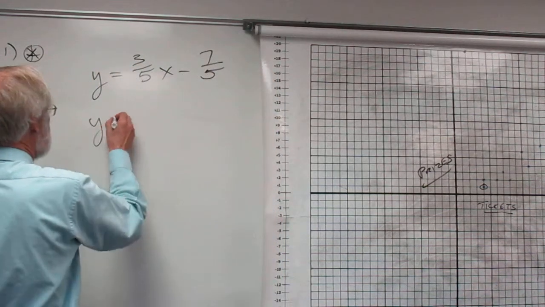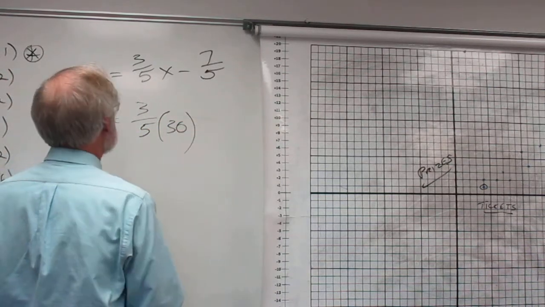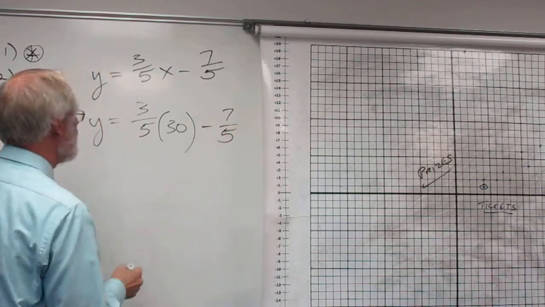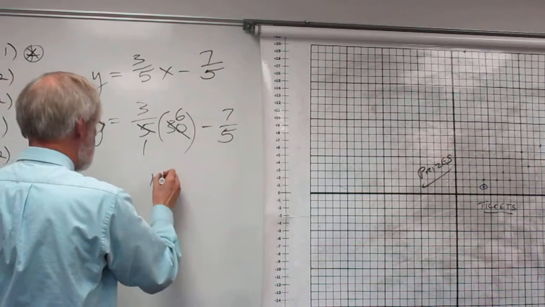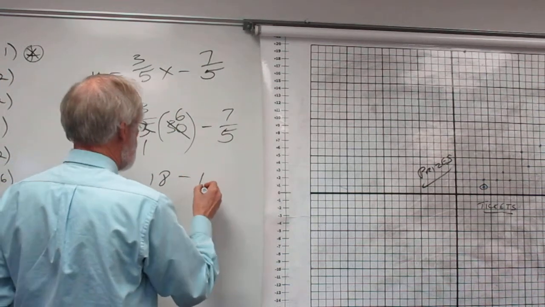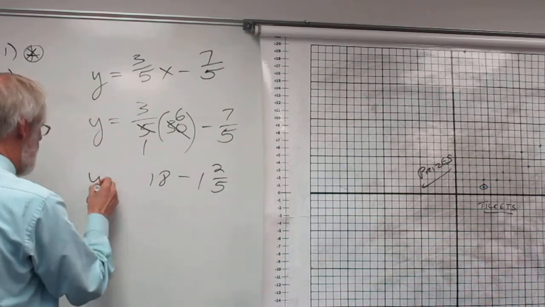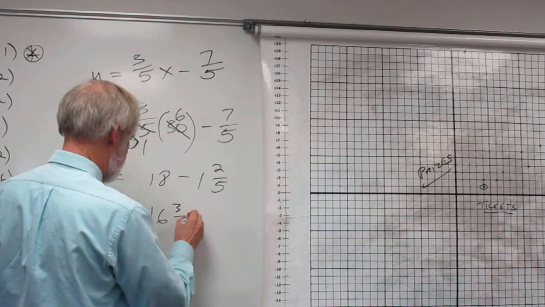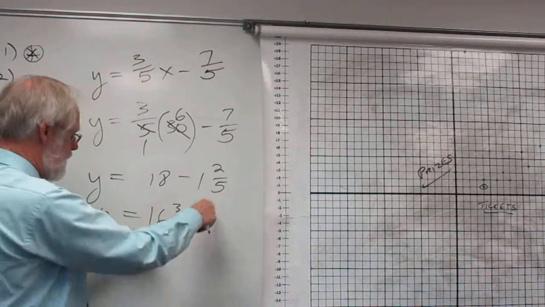So y equals 3/5 times 30 minus 7/5. This cancels, 6 times 3 is 18, minus 1 and 2/5, so that would be 16 and 3/5.